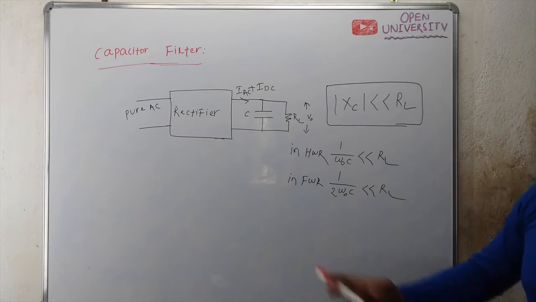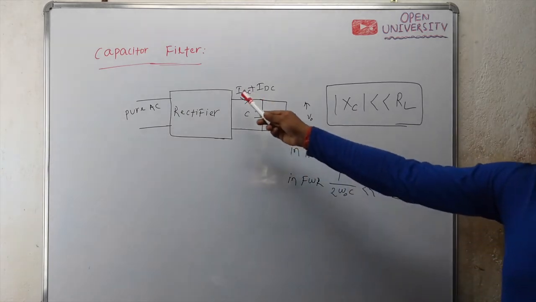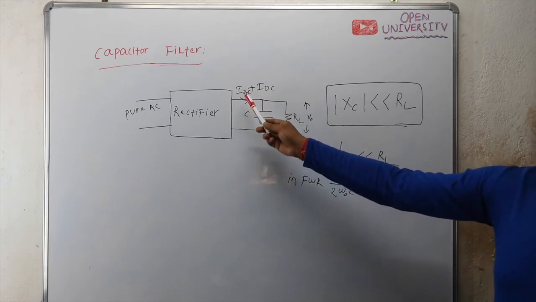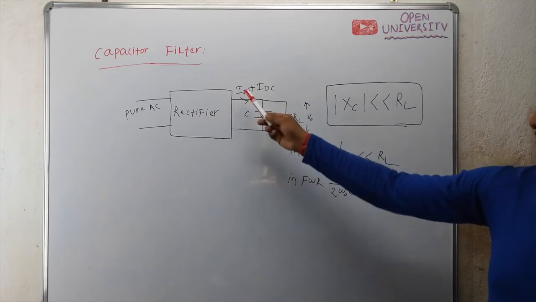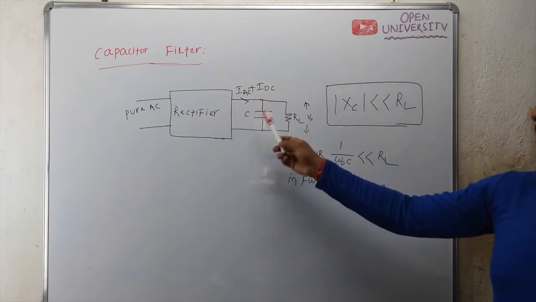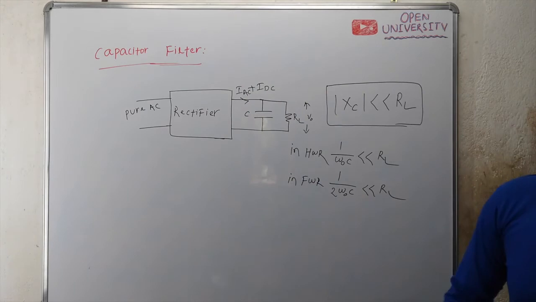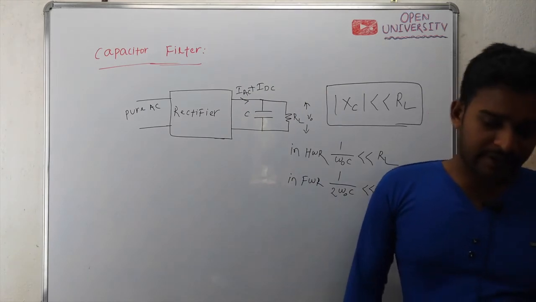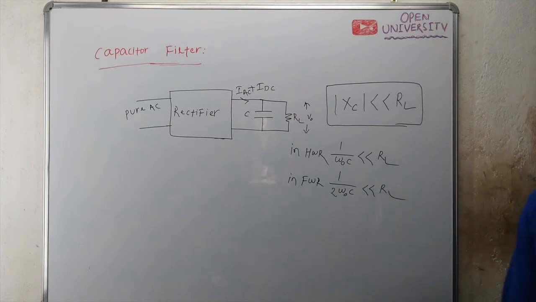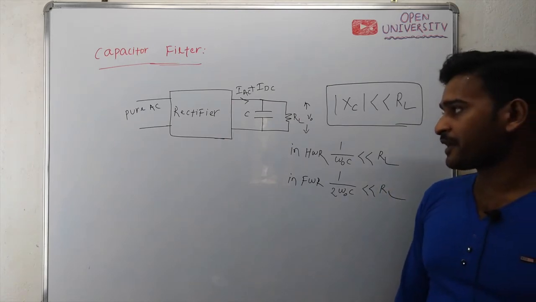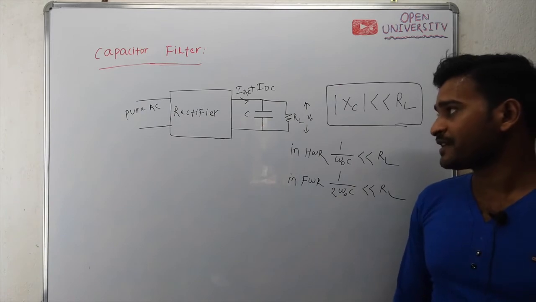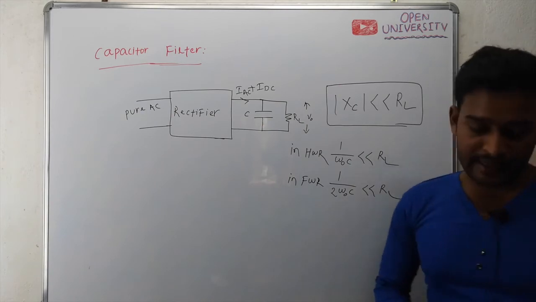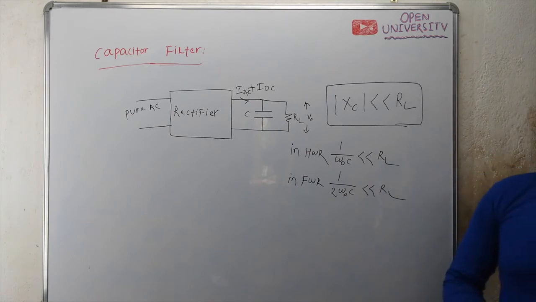That means the output current of the rectifier, which is nothing but AC plus DC, will get divided between capacitor and RL. Take the point: output current of the rectifier, in bracket IAC plus IDC, gets divided between capacitor and RL.